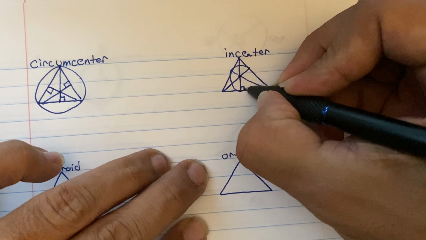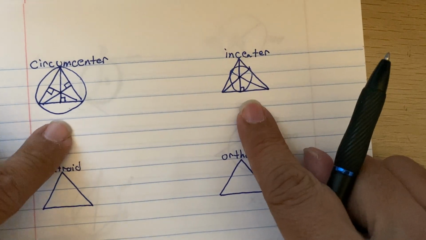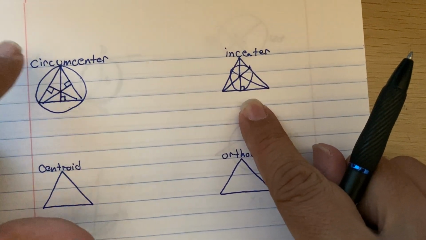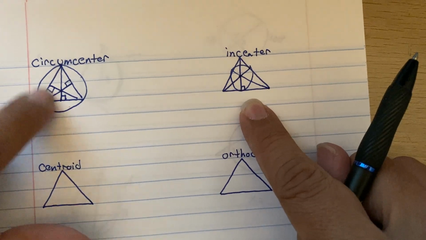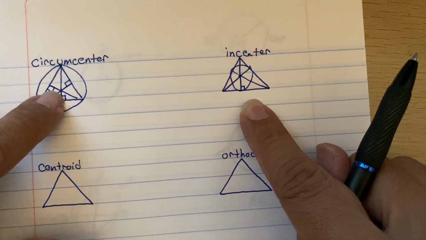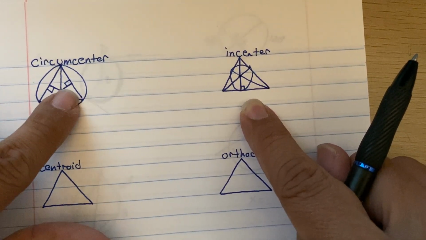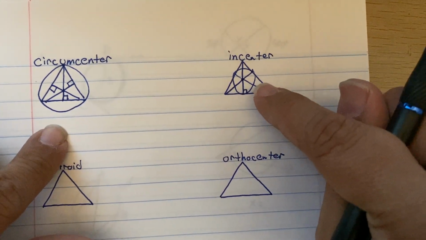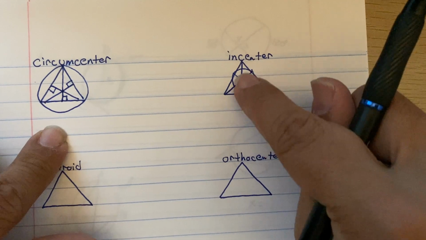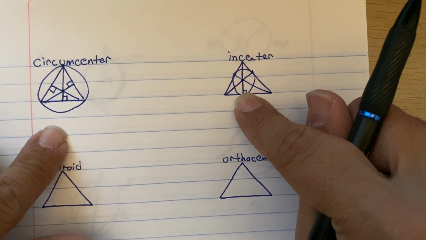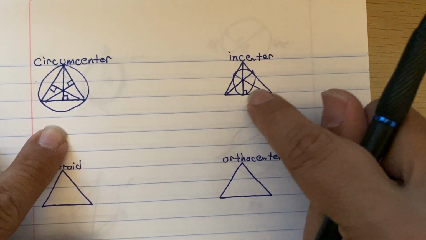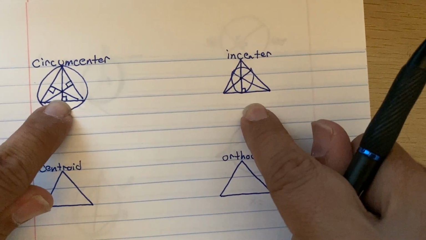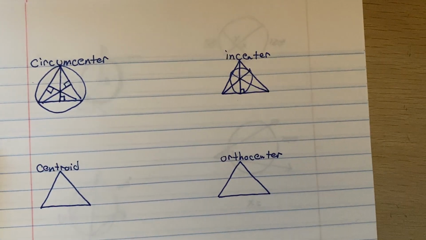So incenter and circumcenter are opposites. Here you use the perpendicular bisector of the sides to find a point that's equidistant from all the angles. The incenter, what's inside of the triangle, is angles. It uses angle bisectors to find a point that's equidistant from all of the sides. So if you know one of these, you know the other one because it's the opposite.